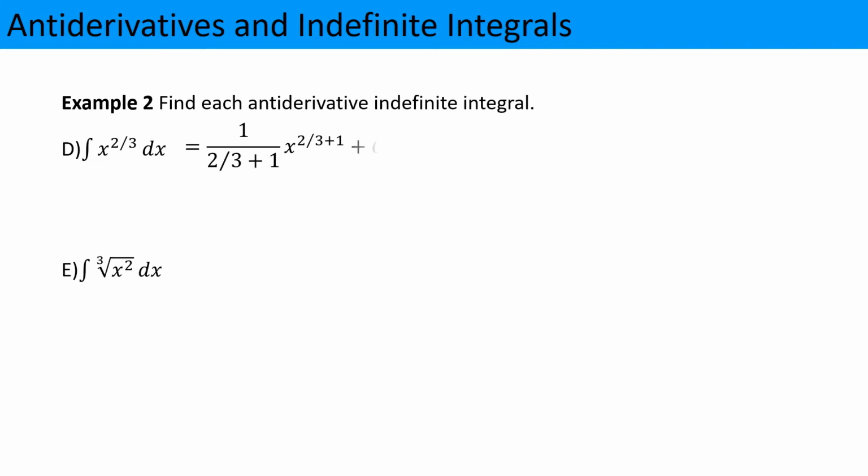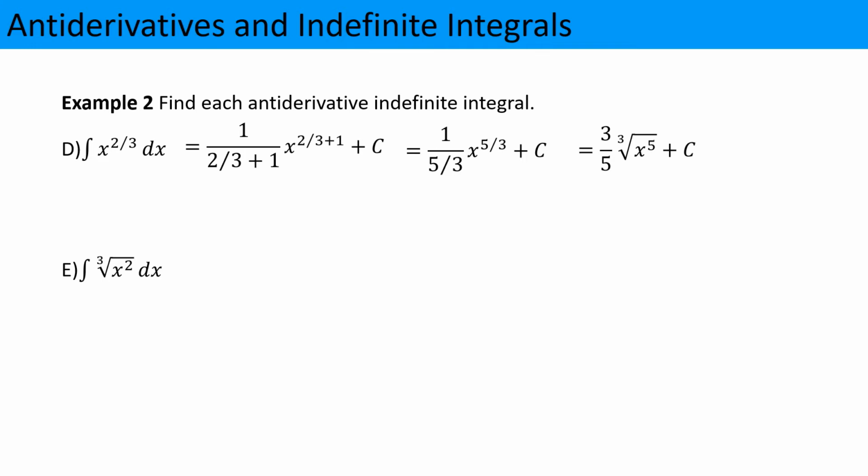And simplify, getting a common denominator, that'll be 1 over 5/3 x to the power of 5/3 plus c. And then let's flip that constant, and we'll have it as 3/5 times the cube root of x to the 5 plus c.